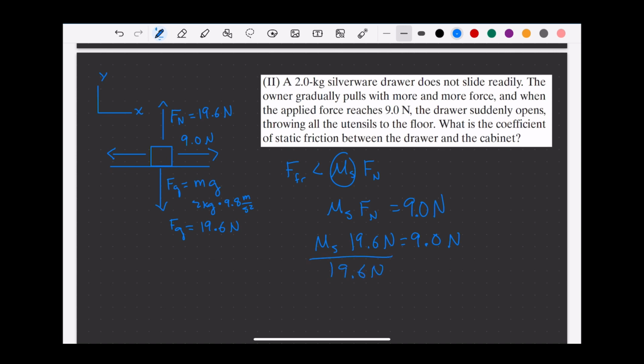Dividing by 19.6 newtons on both sides should give me something like 0.46, very close to this. And I'm going to say that that is about equal to my coefficient of static friction. That would be the coefficient of static friction that our drawer would experience in its contact with the cabinet. All right. Good luck studying, and I'll see you in the next one.